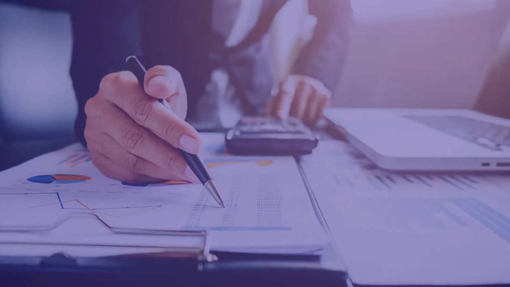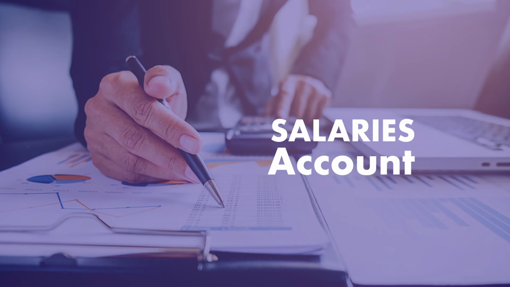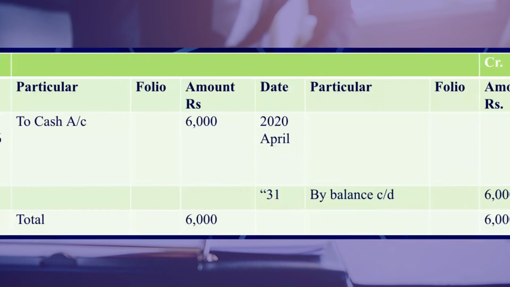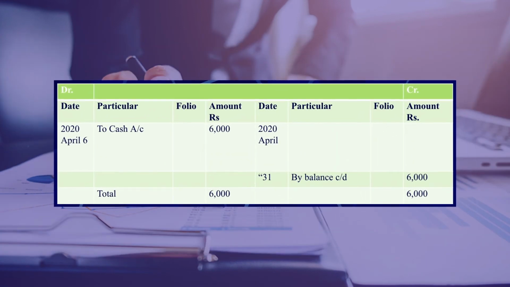Likewise, salaries account. You see friends, in the debit side we have rupees 6,000, but as far as in the credit side we have no balance. Therefore, in order to resemble the total of salaries account, we write here by balance CD 6,000.